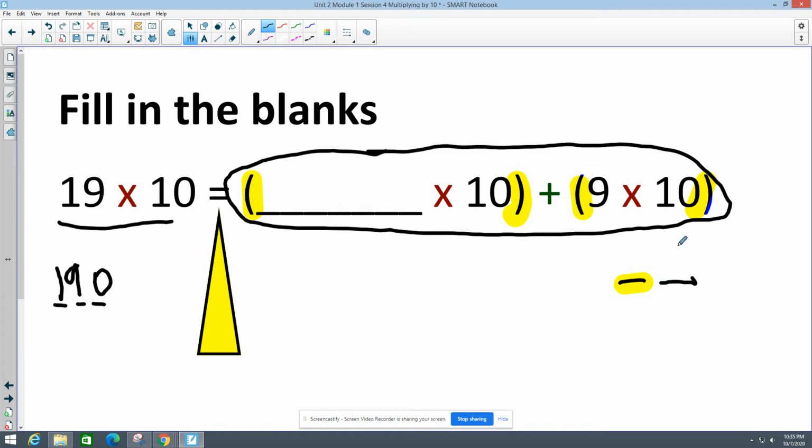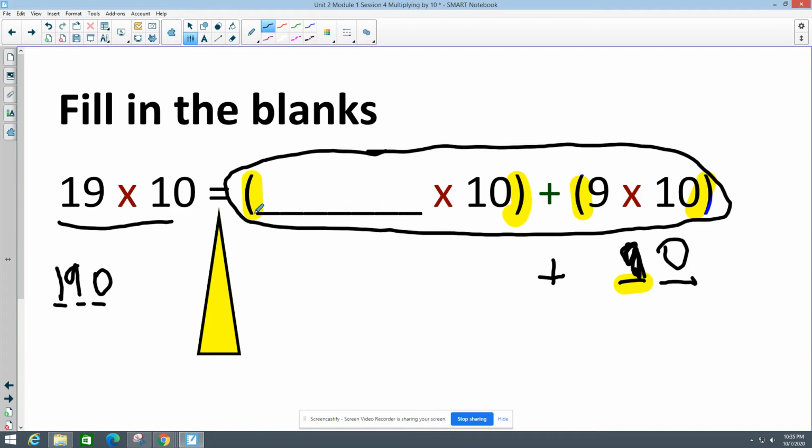So that 9 times 10 is like taking that 9 here, moving it over to the tens, and putting your 0 here. That's a 9, by the way. Sorry about that. Okay, now we have to think about, if we have 90 here, that's the 90 on this part. Well, we need 100 in here. So this parentheses has to add up to 100 or multiply out to 100.